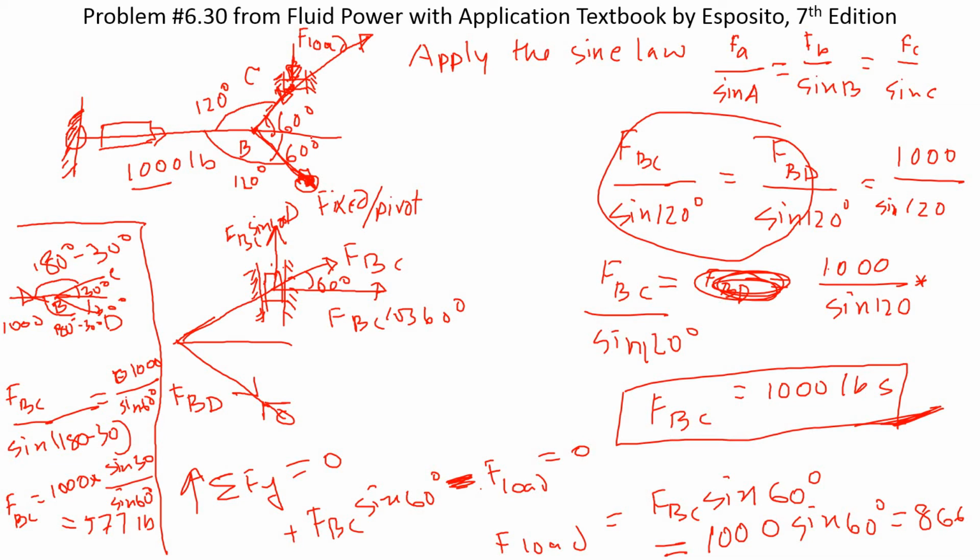So the only option you have is to either apply the sine law or resolve the forces. When you have to find the forces, the sine law is easier than resolving the forces. Resolving forces helps when you have to later take the moment. If you're not taking moments, apply the sine law to find forces instead of resolving forces.